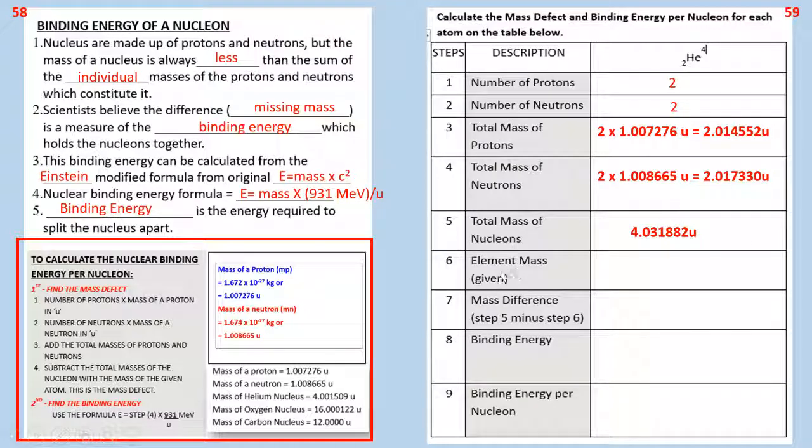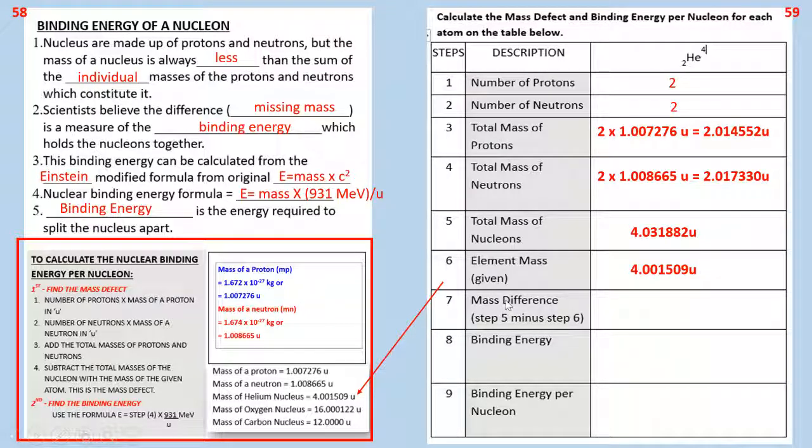Now the element mass is given, right here. The mass of a helium nucleus can be found in a periodic table or any textbook. So in this case it is 4.001509 u. We are trying to keep 6 figures after the decimal.